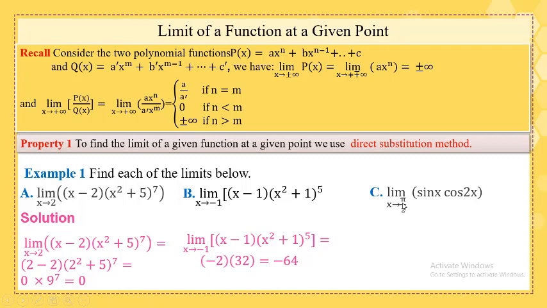C. The limit of sine x times cosine 2x as x tends to pi over 2. If we substitute x by pi over 2, using a calculator we get sine pi over 2 times cosine pi, which is minus 1.